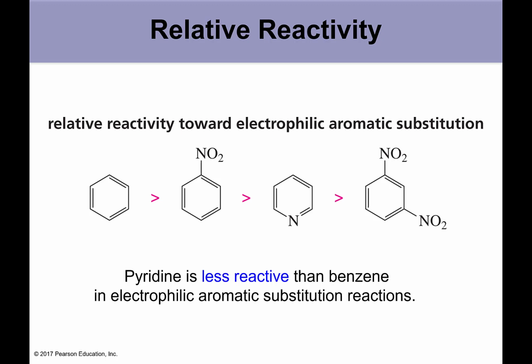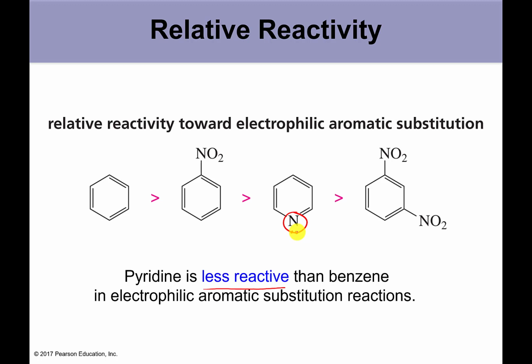Having said that, it's important to also recognize that having the nitrogen in the ring makes pyridine relatively unreactive compared to benzene. And pyridine being less reactive than benzene wouldn't be so much of a problem, except it is also further deactivated by most of the reagents that are used in electrophilic aromatic substitution reactions.